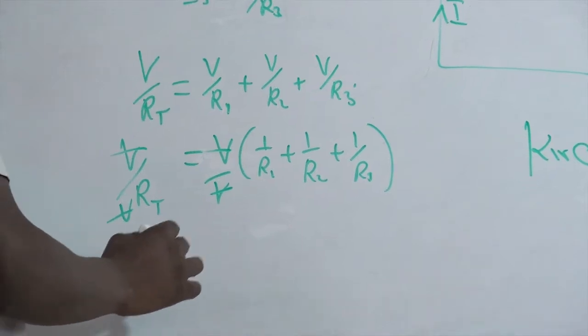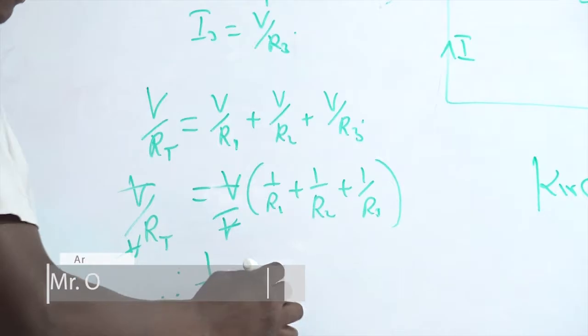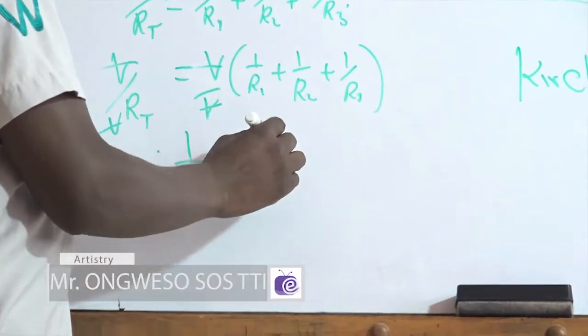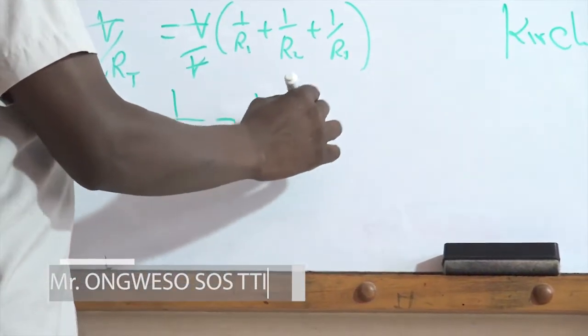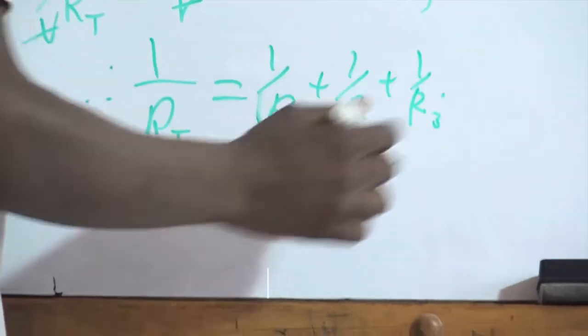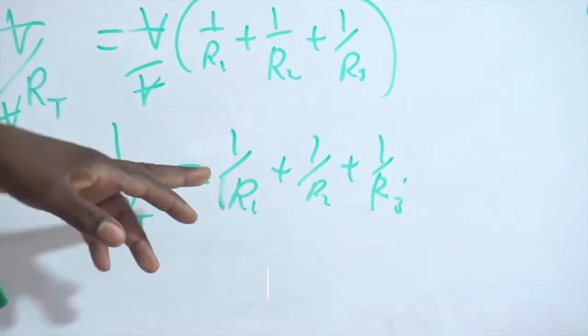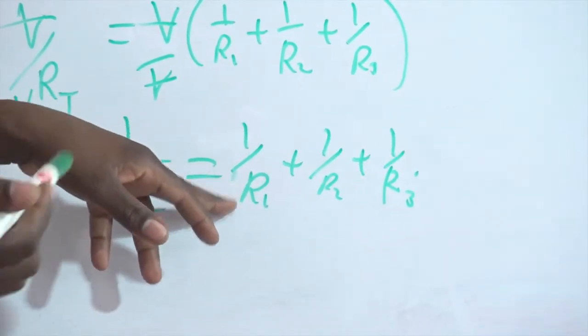Therefore, 1 over RT will be given by 1 over R1 plus 1 over R2 plus 1 over R3. So this is an expression for getting the total resistance in a parallel circuit.